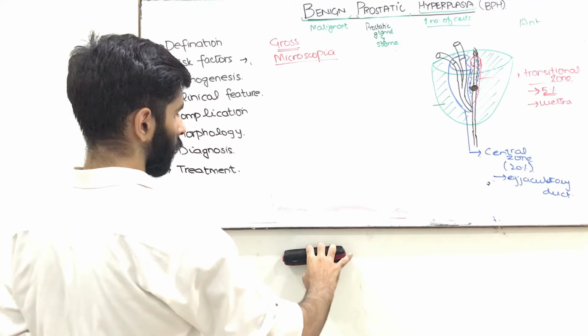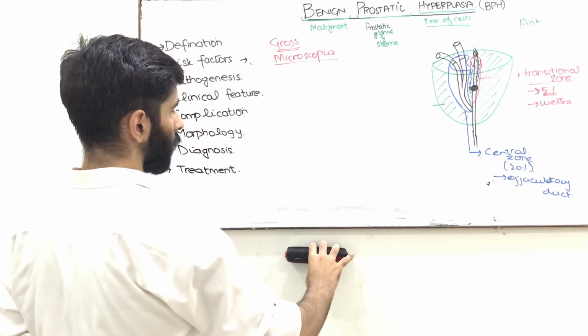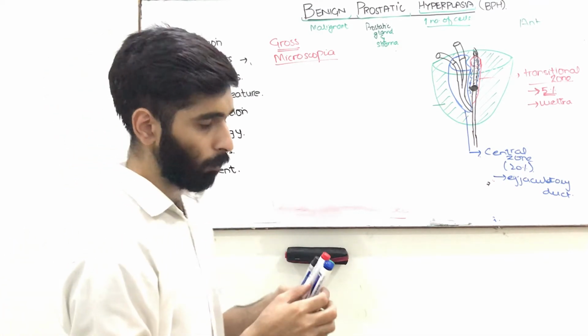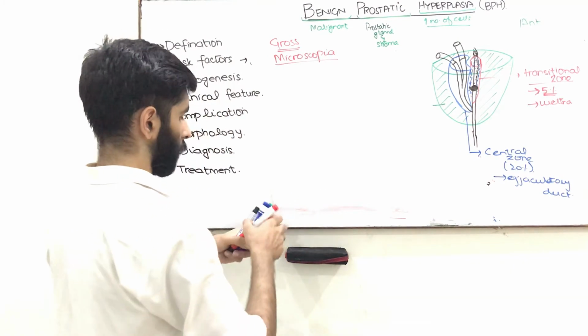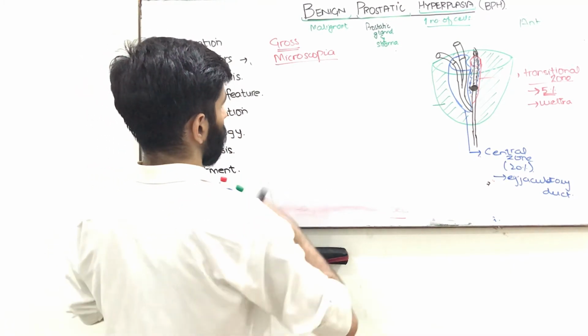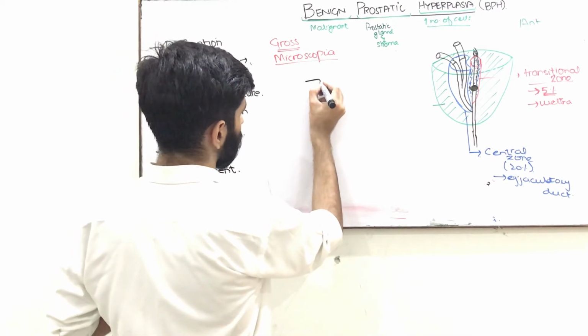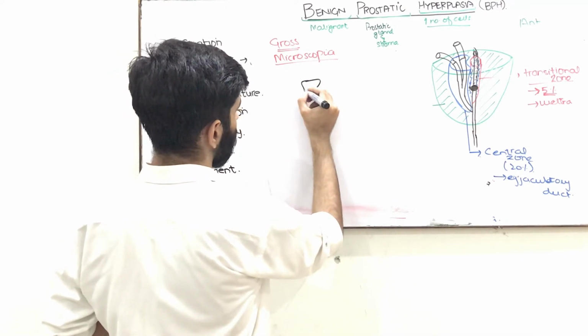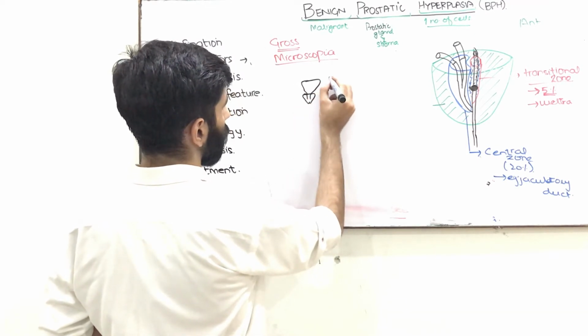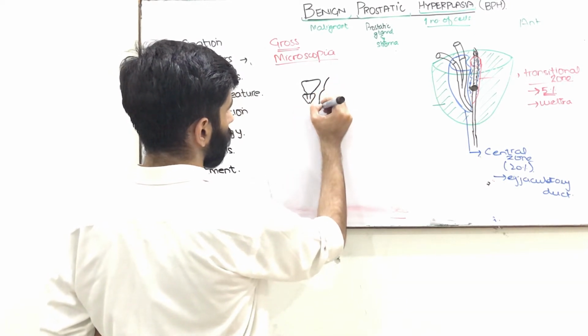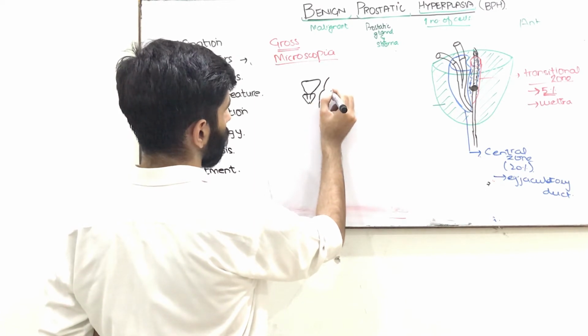Now, how to diagnose? As I already mentioned, the prostate gland is located in front of the rectum. So if this is the bladder, this is the prostate gland, and this is the rectum and anal canal.